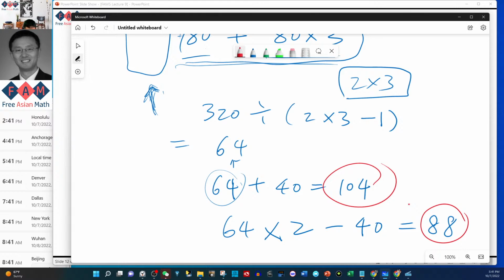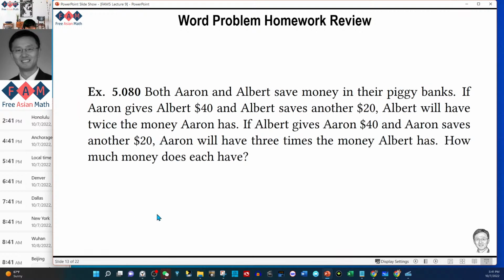That's it for today. There's one more problem. We don't have time. That's the extension of 180. Very similar with a little bit of a twist to make it more complicated. But if you do understand how we solve the 5.079, you should be able to solve this problem as well. If you have not done it yet, give it a try.